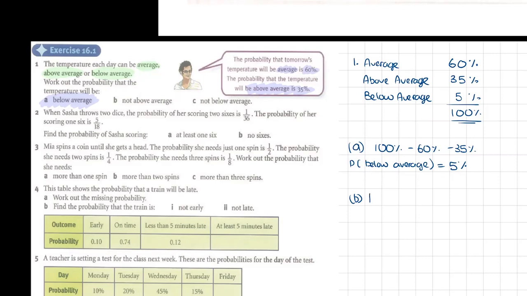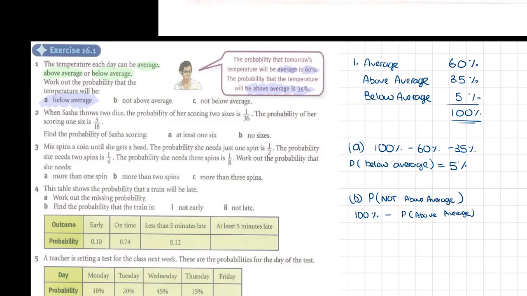So if we're looking for the probability of not above average, you can either take 100% minus the probability of above average, because you want everything else but above average.